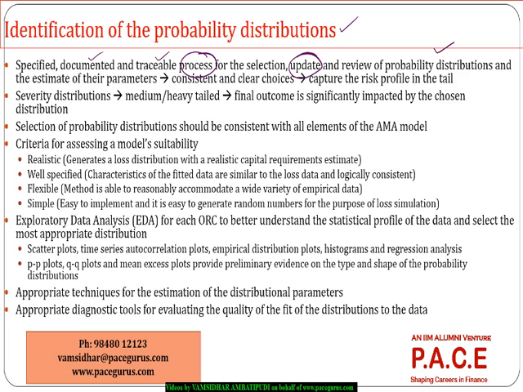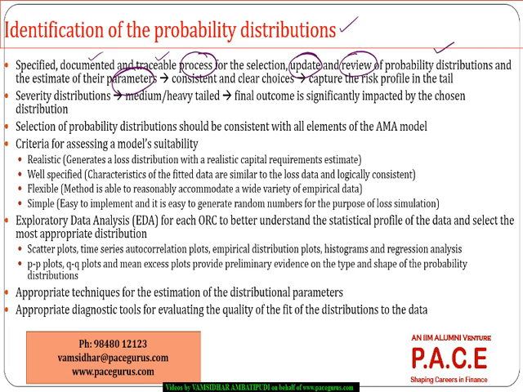How do I update? At what frequency? When am I reviewing it? How do I check whether it is appropriate or not? So there should be a clear-cut process regarding the selection, the update and review of the distribution that we are using for estimating the operational risk capital and estimating the parameters.